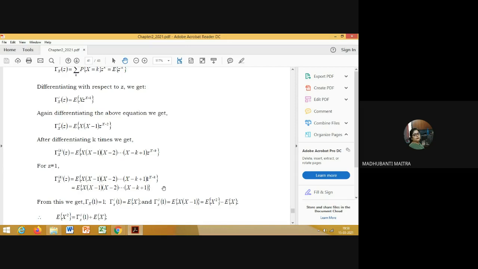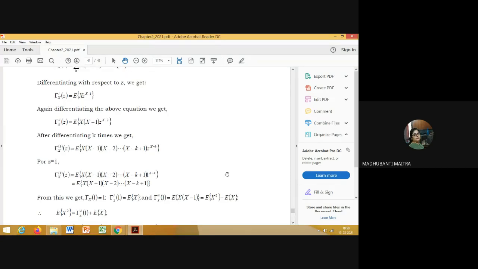So, look at this first derivative. In the first derivative, we have already seen that tau(1) is equal to 1, that is, tau(1) is equal to p0 plus p1 plus p2 and so on.